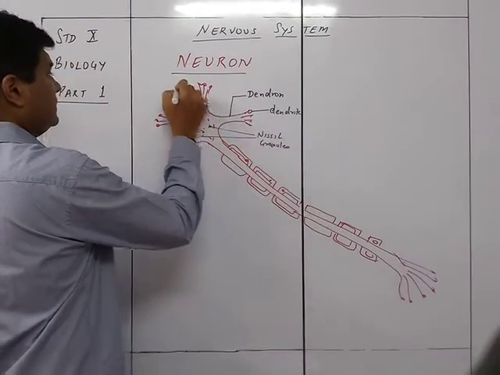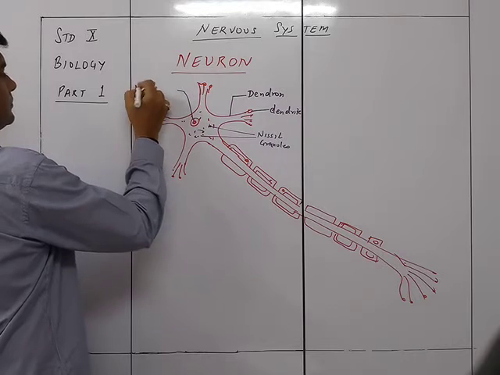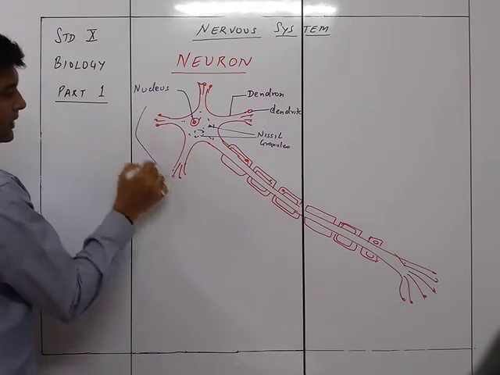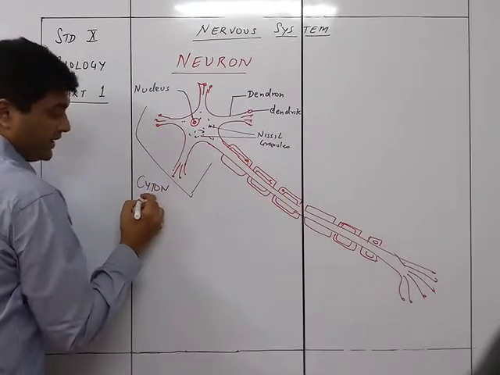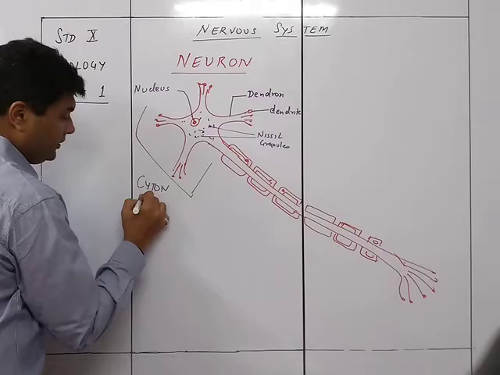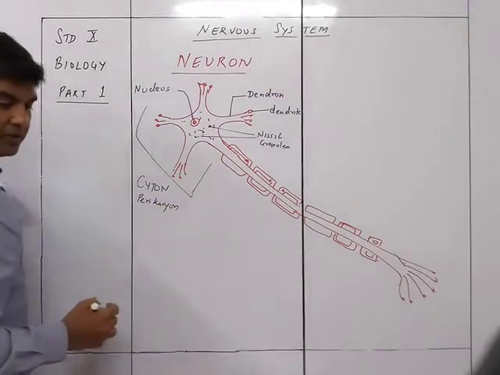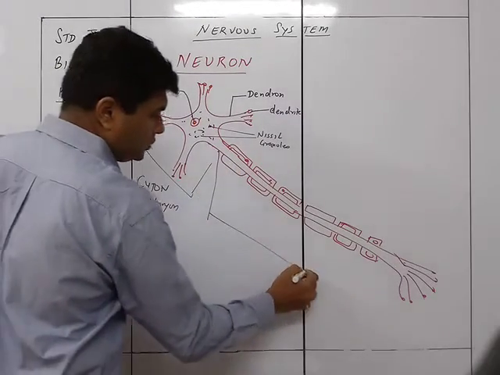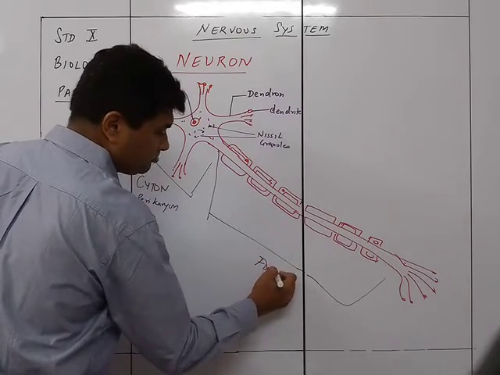This is the nucleus, and this particular part over here is the cyton. So this is the cyton, also called perikaryon. Perikaryon is cyton, and this part over here, from here to the end here, is the axon.